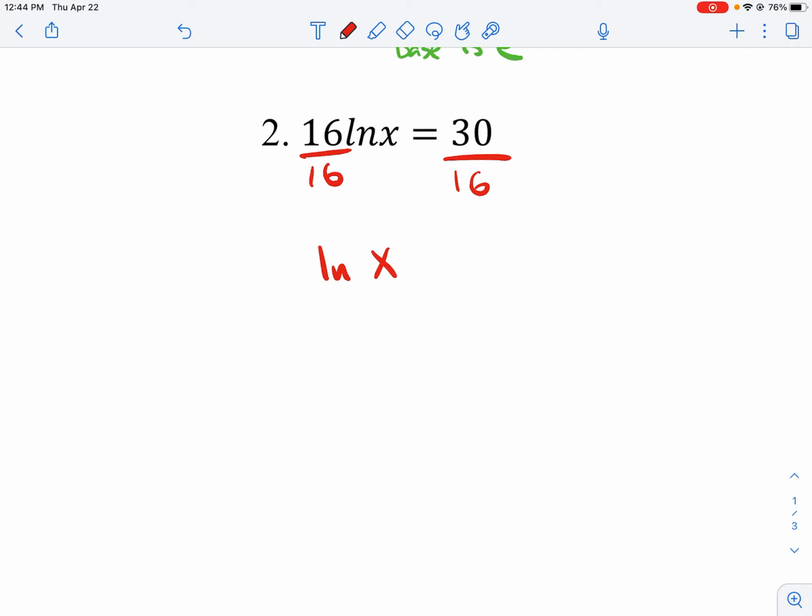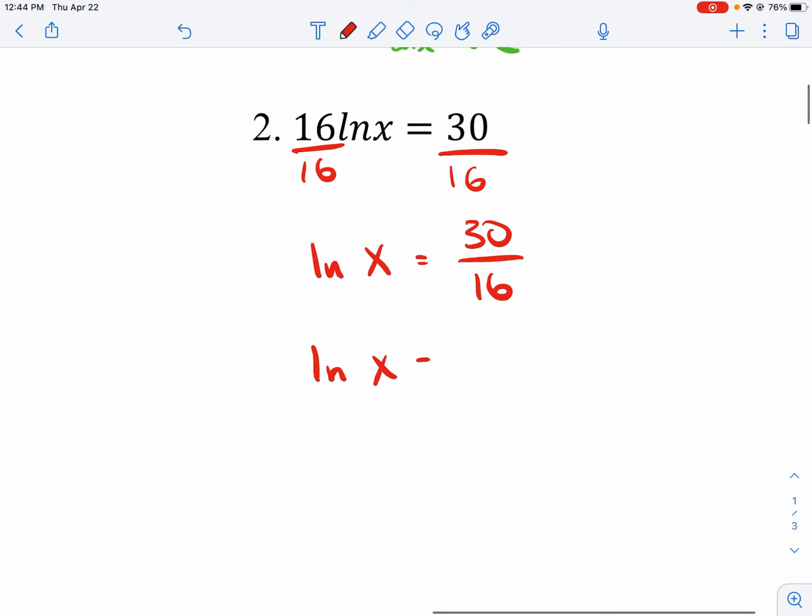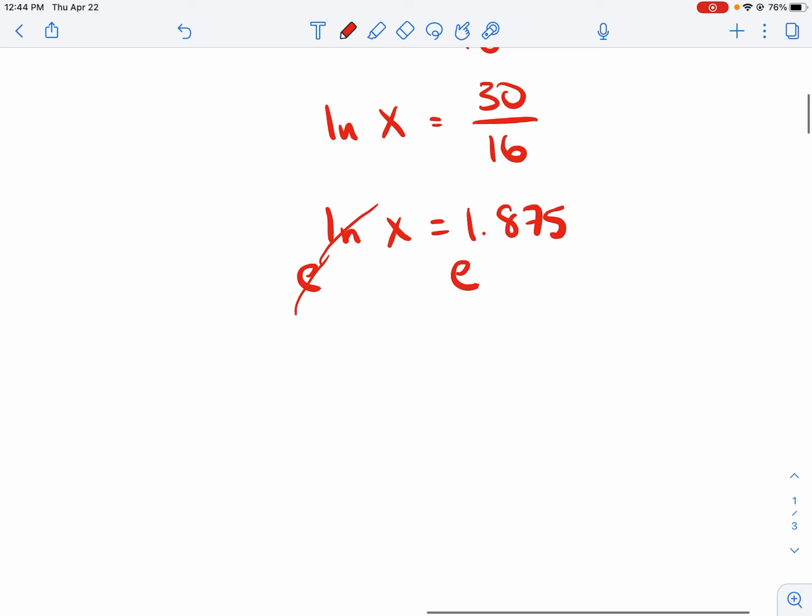So I get the natural log of x is equal to 30 over 16, which is actually equal to 1.875, and then we'll take e of both sides, your Euler's number. By doing so, that cancels. I'm left with x is equal to e raised to the 1.875.